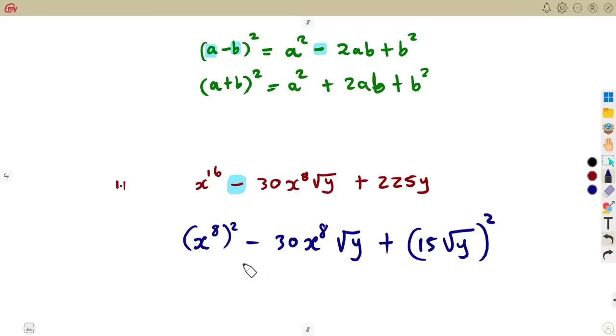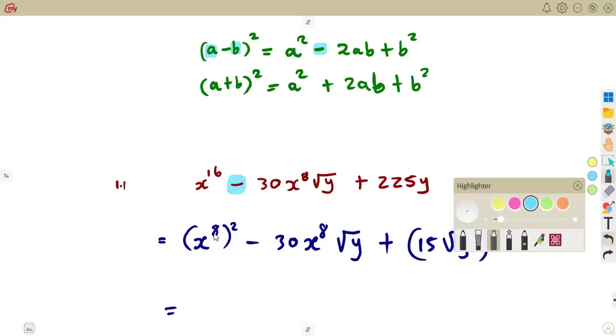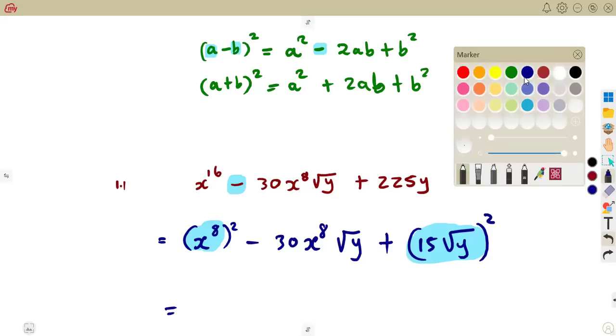Because you can see this is exactly the same format here. A squared minus b squared. This is exactly the same format. So in our case, what represents our a? This is our a, x to the exponent of 8. What is our b? Our b is this part, the last part that is being raised to the exponent of 2. A squared, b squared. We just need to know what is our a.